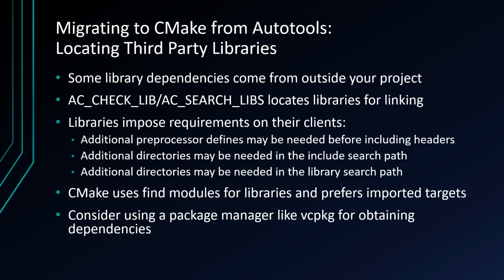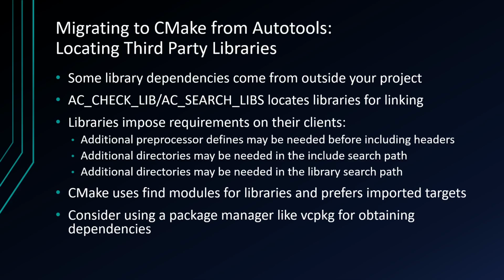It will build it in your build tree, and then it will set it up in such a way that when you use the find module to locate that library, it's locating the one that you built in your build tree as a dependency.